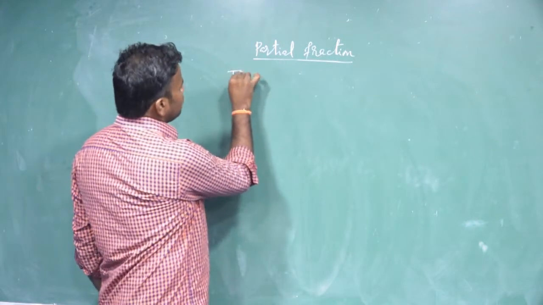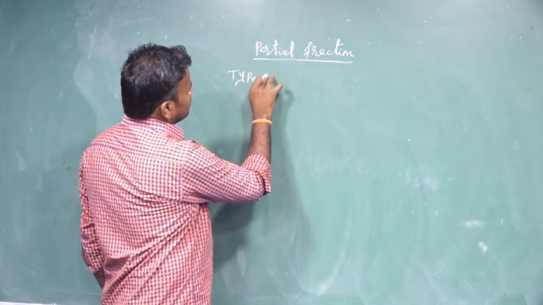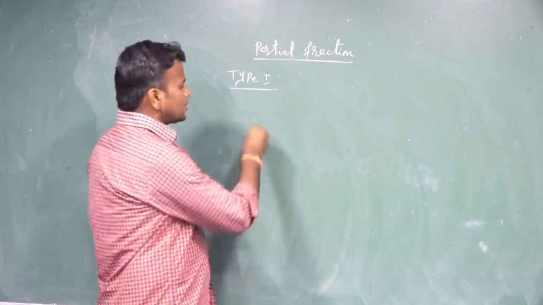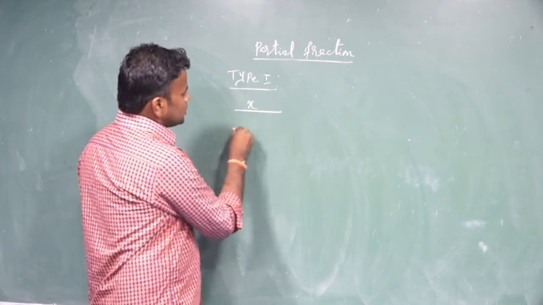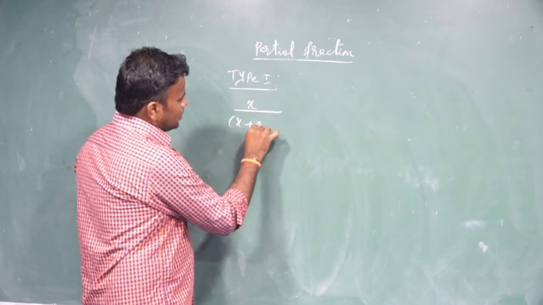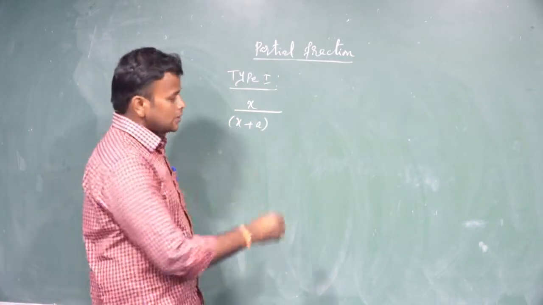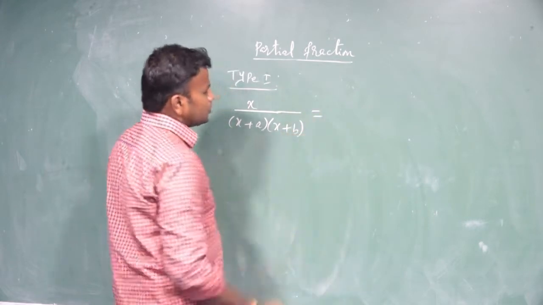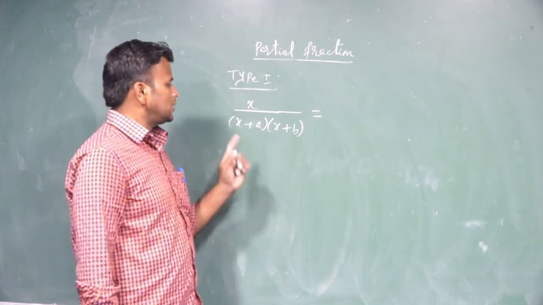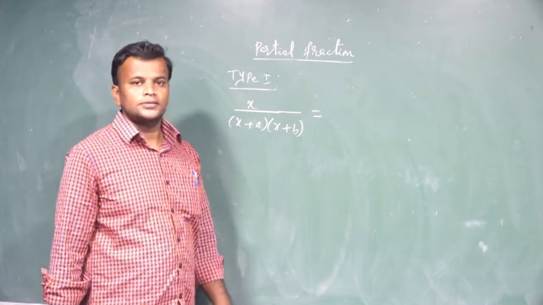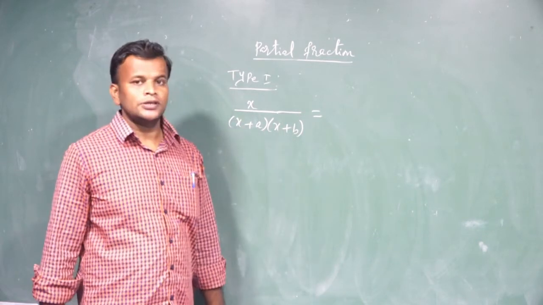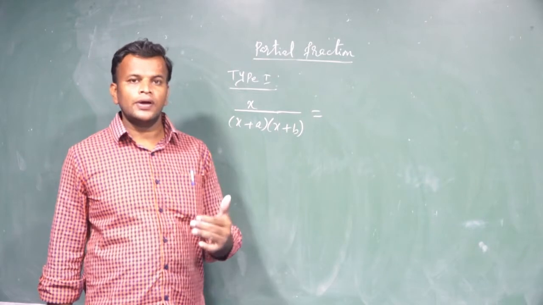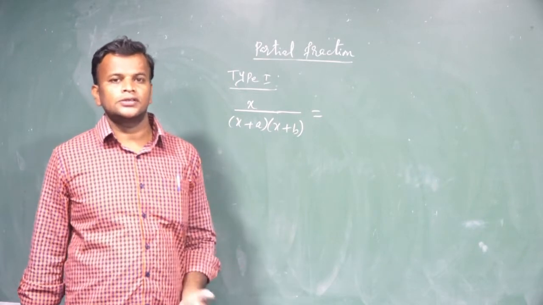First of all, type 1. Suppose the numerator is x, and the denominator is x plus a and x plus b. You see, our numerator is x and the denominator has two factors, x plus a and x plus b. So this partial fraction is possible only when the given fraction is a proper fraction.